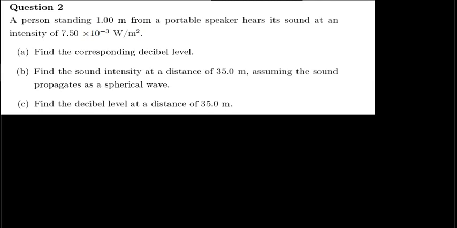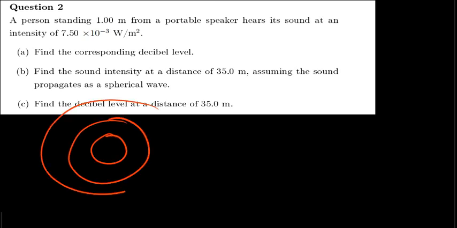So what do we mean when we say spherical wave? Let me just give you the basic idea. If you are standing here, this is a person, or maybe the source of the sound is here.